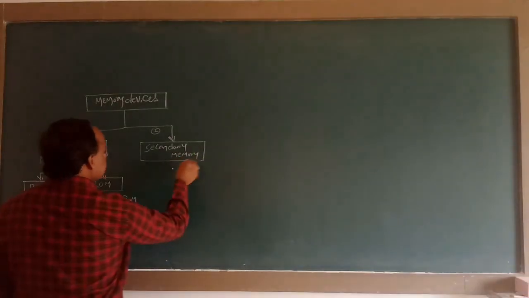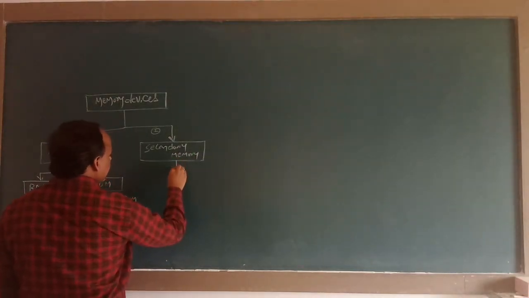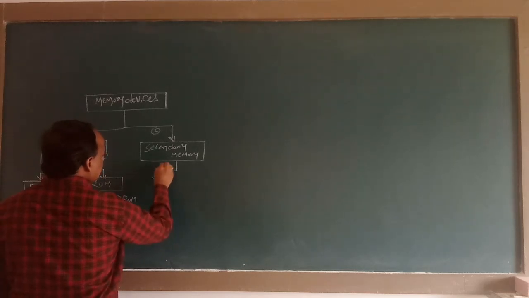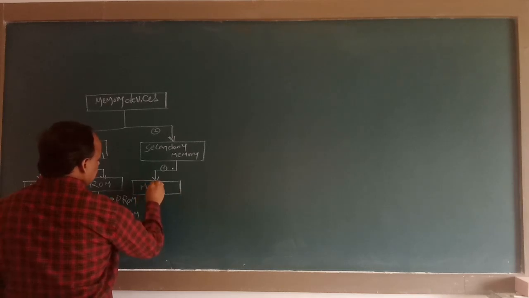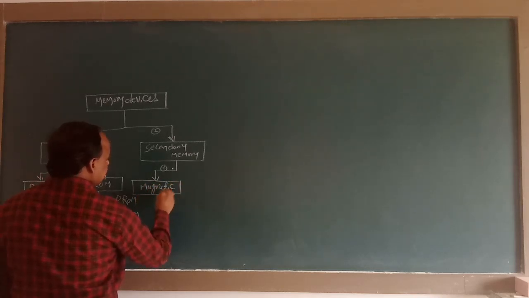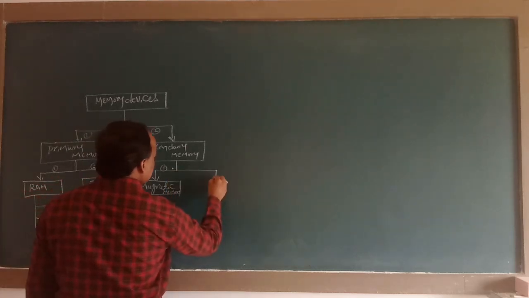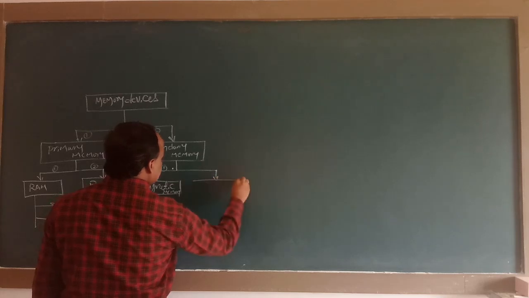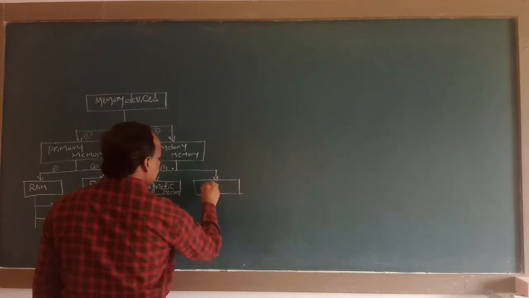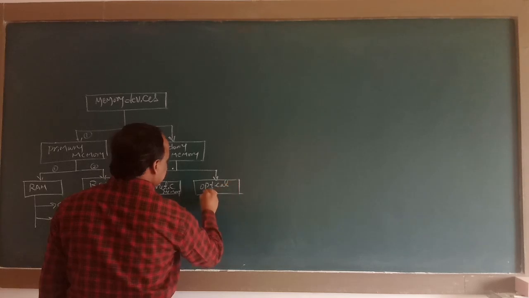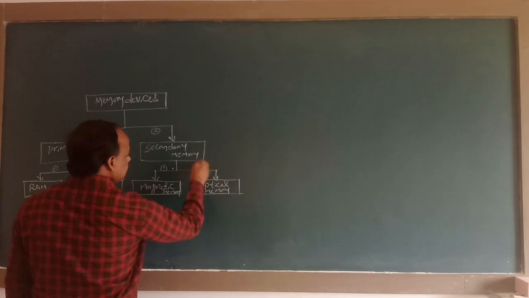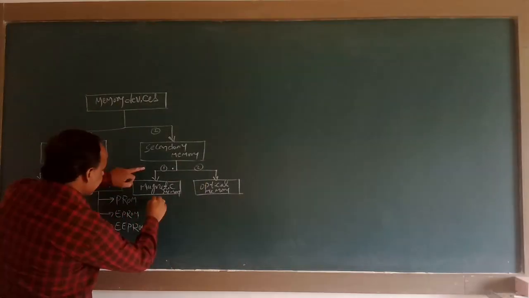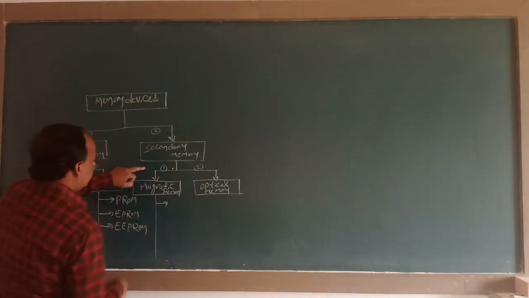In the secondary memory devices we have two types. First one is magnetic memory, second one is optical memory devices, right? Here what are the examples for magnetic memory?